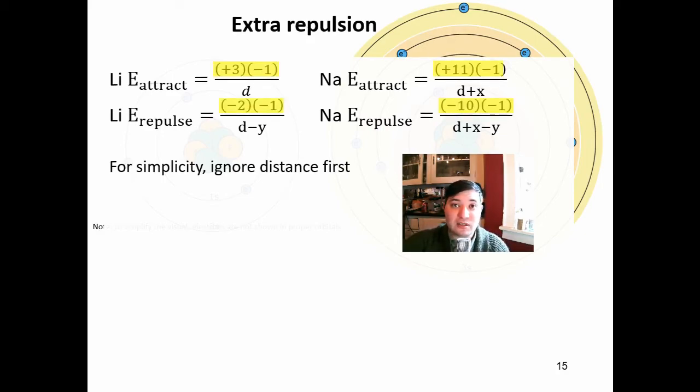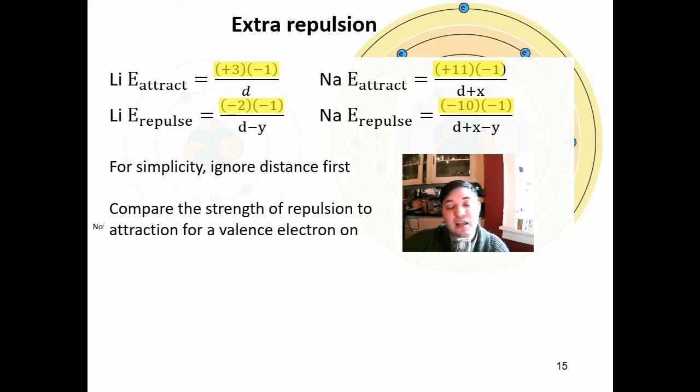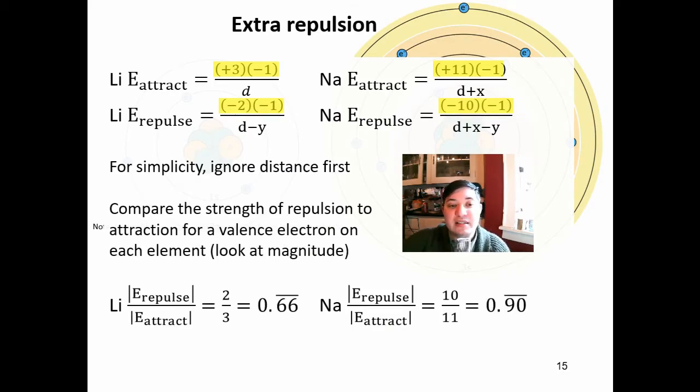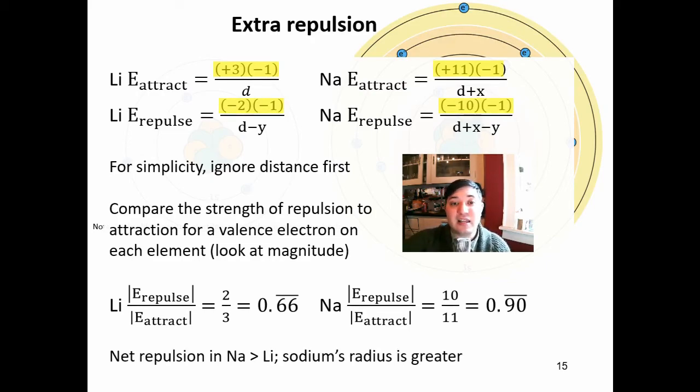Let's just focus on what's going on in the numerator. And if we compare the strengths of repulsion, we can see that the repulsion in lithium is in fact much less than the repulsion in sodium. And so what this tells us then is that the electrons in sodium are going to repel each other, which means they're going to force each other farther away. And so we can predict that the atomic radius in sodium will be larger than that in lithium.